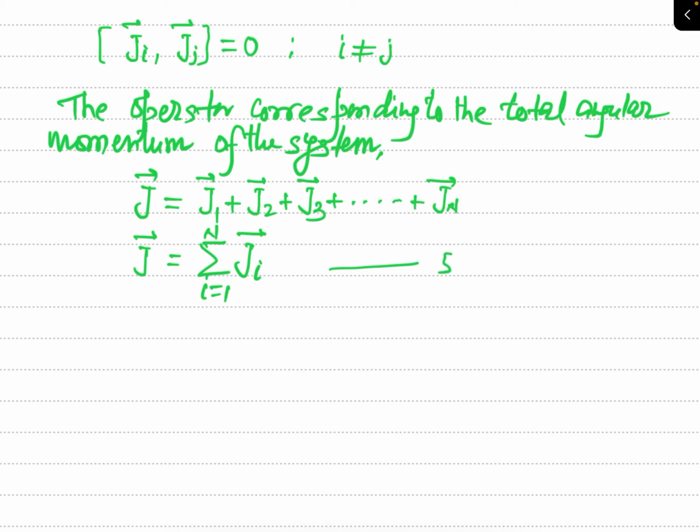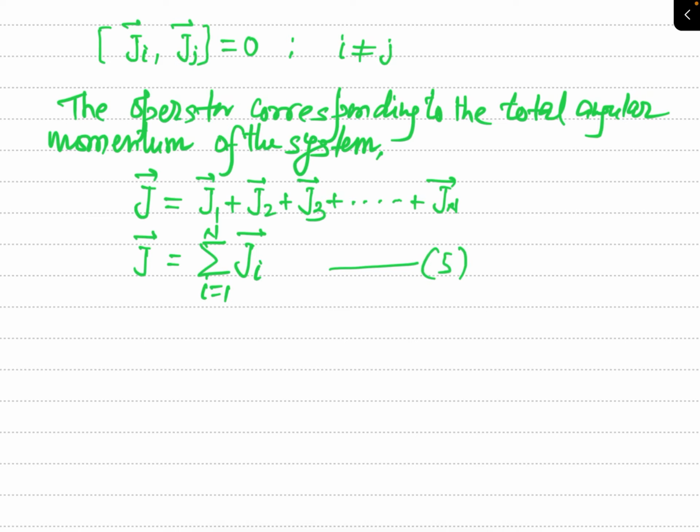In that condition, you will see that this idea is used to find the total angular momentum, where we talk about the orbital angular momentum and the spin angular momentum, and after adding those angular momenta vectorially, we get the total angular momentum.